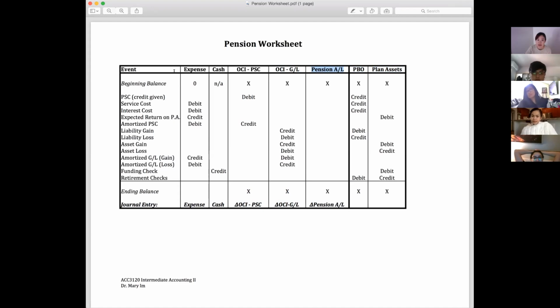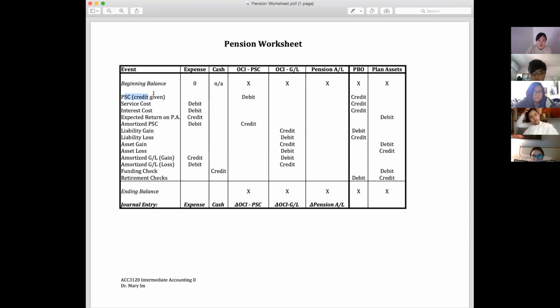All right. Now let's look at these row headings. Beginning balance, and then prior service cost if it is the first year. And then service cost. Service cost, as we know, affects pension expense as well as PBO.